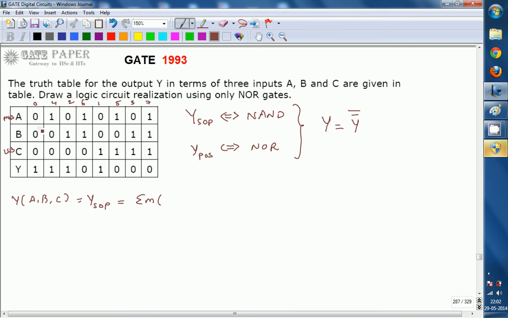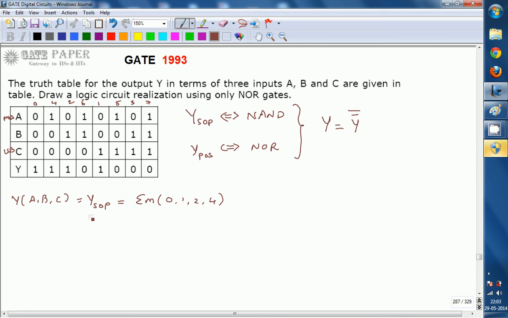Since we have taken A as MSB and C as LSB, the combinations of ABC give the decimal equivalents, which become the minterms. So the minterms 0, 4, 2 and 1 have logic 1. So you can write Y as sigma m of 0, 1, 2, 4, which is the SOP expression.